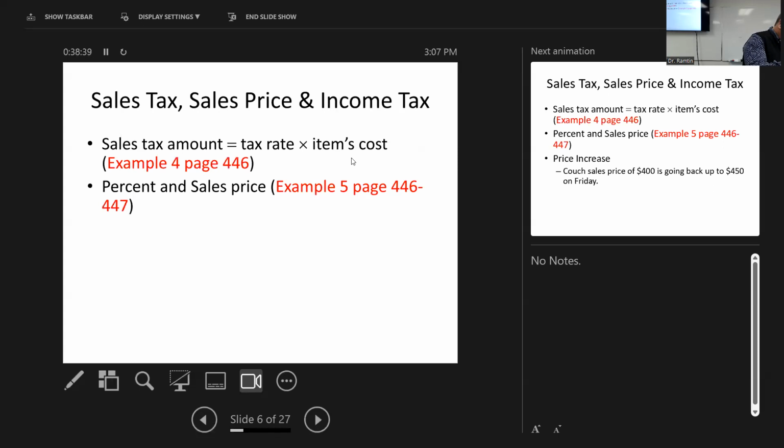Because we are moving from percent to decimal, you move the decimal point 2 places to the left. So it becomes 0.075, and you do the multiplication, and the answer is $67.05. So that's the tax you have to pay.